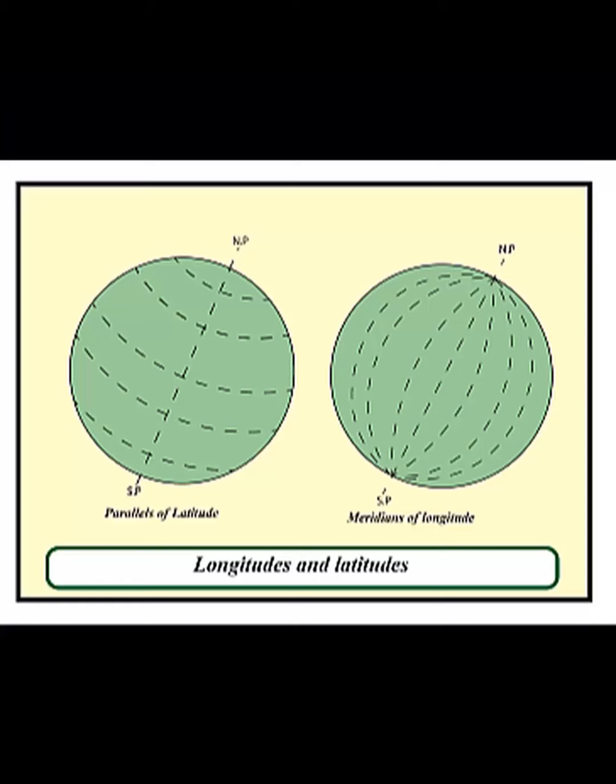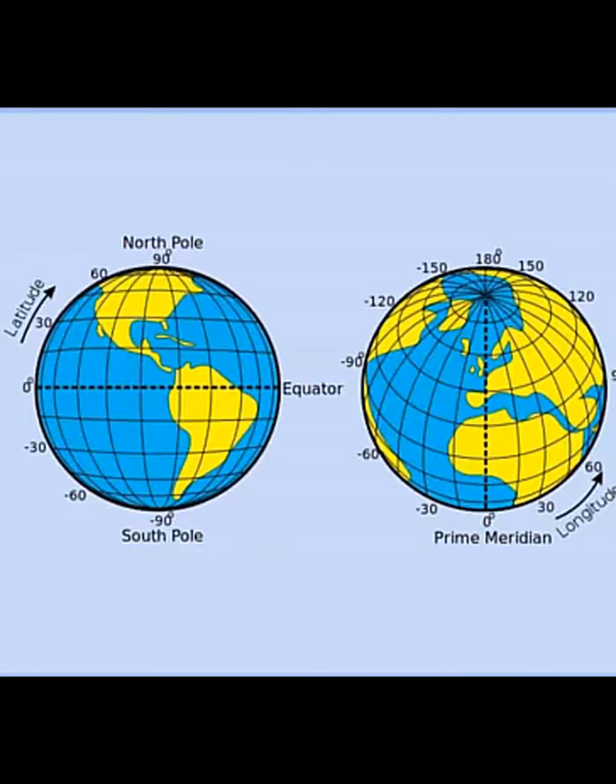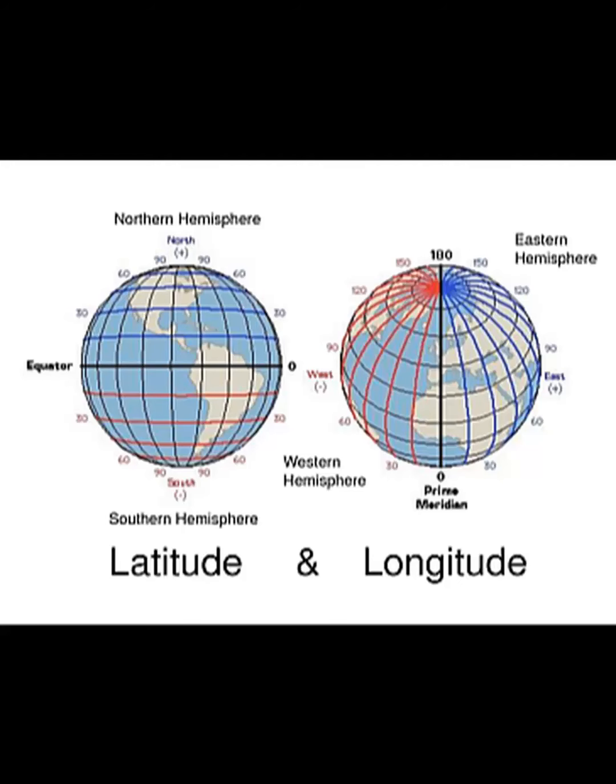Third part we will take, that is parallels of latitudes. Now the lines running east to west parallel to the equator are called lines of latitude, marked in degrees with the equator being 0 degrees.